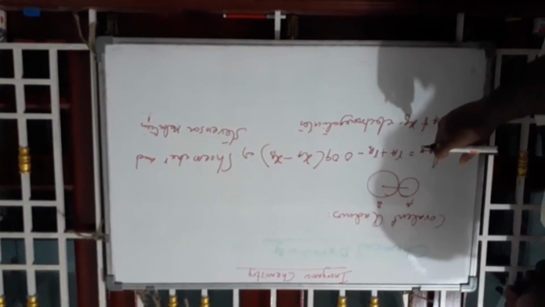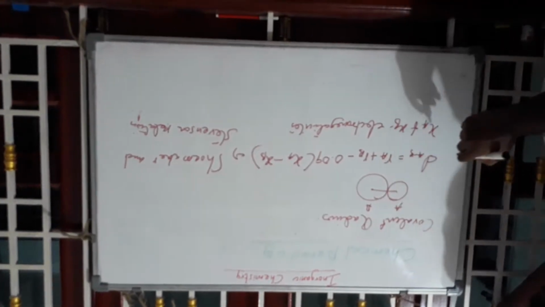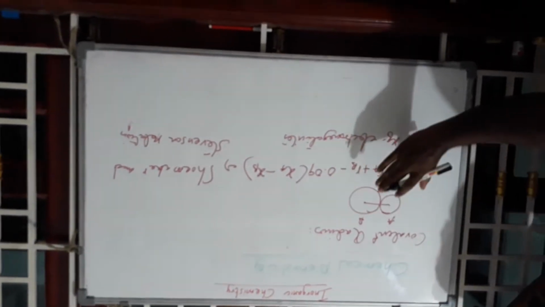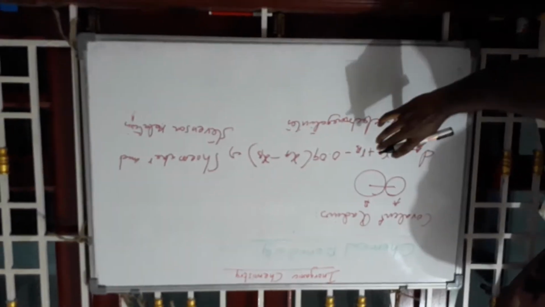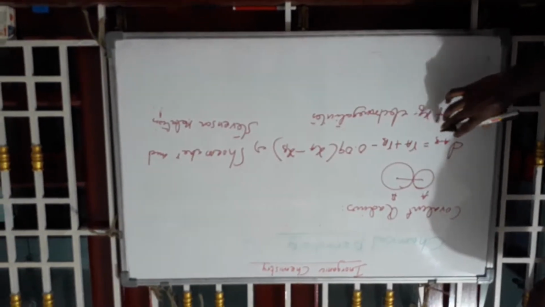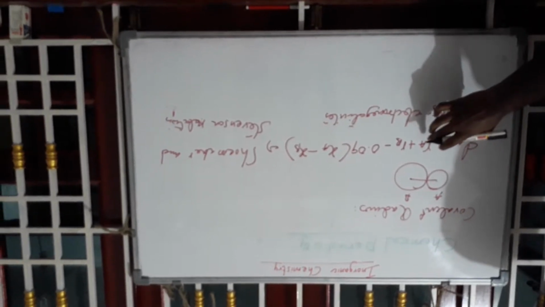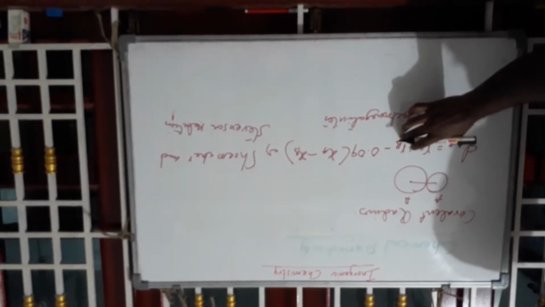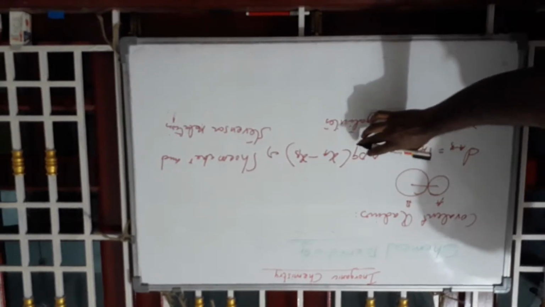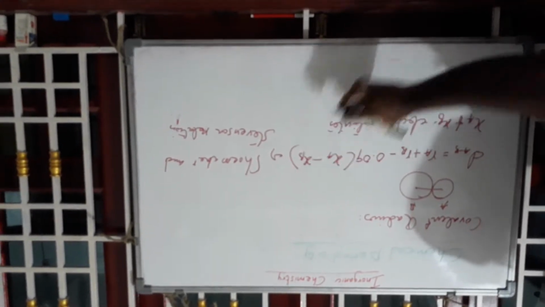For two different atoms we use this formula. Half of the distance applies for homogeneous atoms, but here we cannot say half of the distance. We calculate the radius of atom A plus the radius of atom B, minus 0.09 times (XA minus XB).